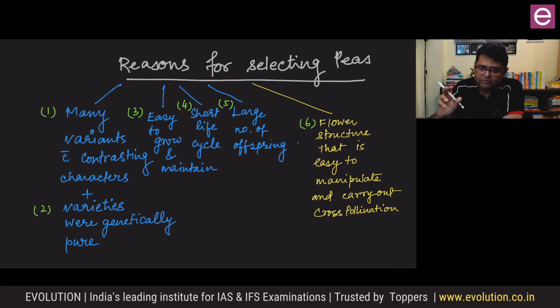Mendel at that point of time was not aware which is dominant and which is recessive. These were terms which he coined even later, not at that time. Similarly, he created a pure line of purple flowers, a pure line of white flowers, a pure line of green seeds, a pure line of yellow seeds, a pure line of green pod, and a pure line of yellow pod.